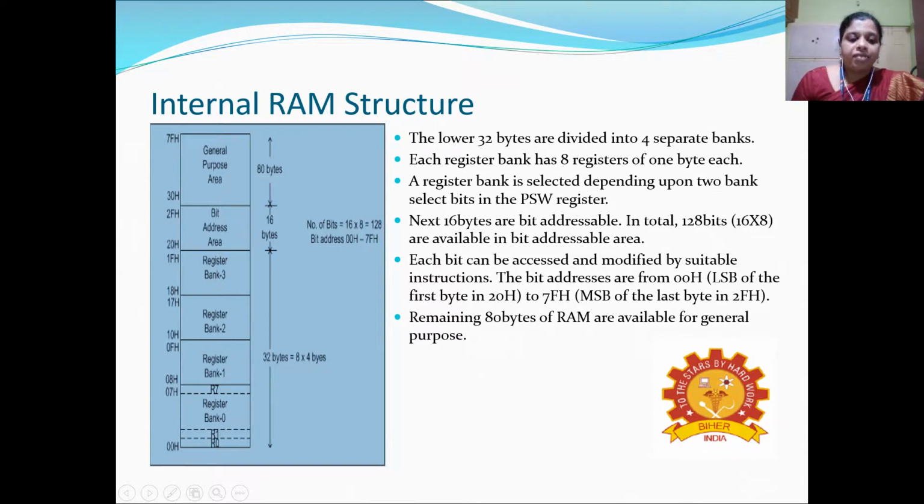Next 16 bytes is the bit addressable area. And after that we have the general purpose area, whose address ranges from 30 to 7F. So first the 4 register banks are allotted, then 16 bytes for the bit addressable area, and 80 bytes for the general purpose area.